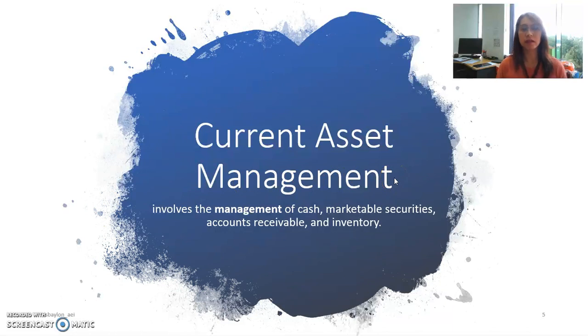Now, since we know what current assets are, CLO4 would like us to know how we manage them. When you talk of management, from the word management alone, we have PLOC. What's PLOC? We have planning, organizing, L is leading, and C is controlling. So you properly plan your current assets, you organize them, where you're going to use them.